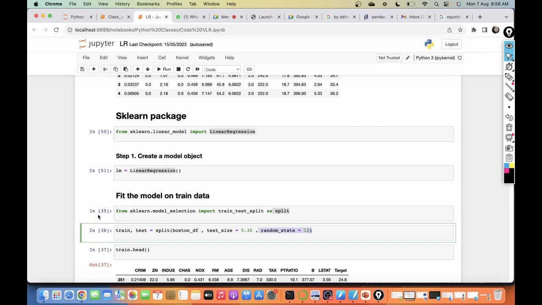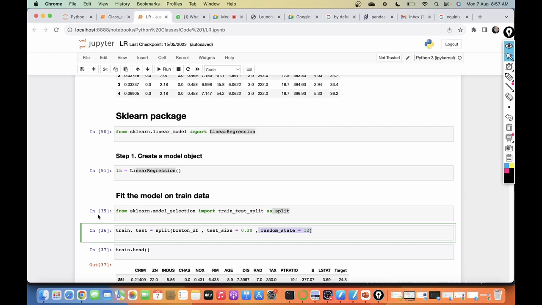So to get a consistent train and a consistent test, whatever values we have in the train should be the same, and whatever values we get in the test should be the same, so that once we give the data set to the machine learning algorithm, it learns the same pattern always, and the accuracy stays constant.